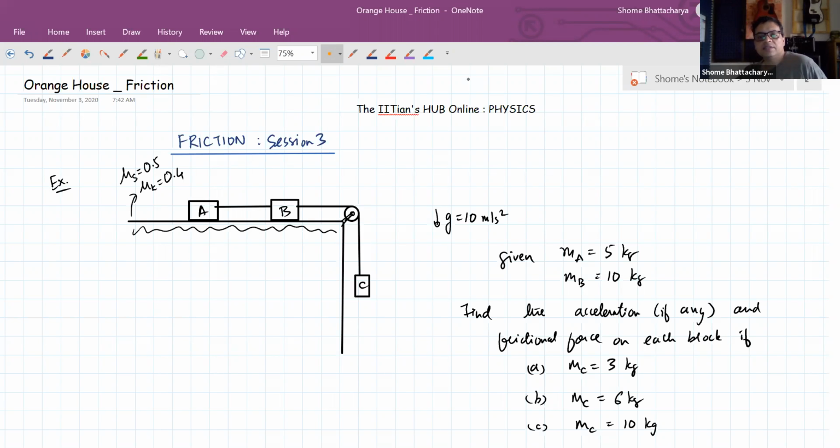And from that, you have to decide whether that block will tend to move or not. Okay, so obviously both threads are massless and the pulley is smooth.